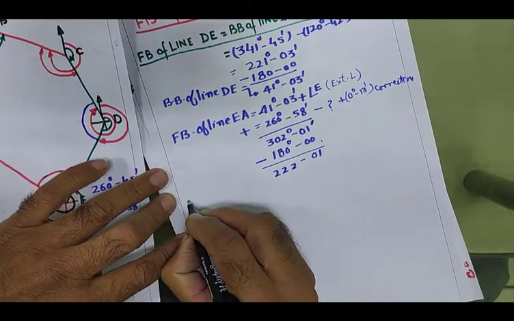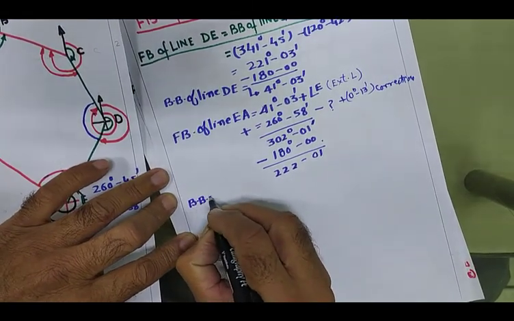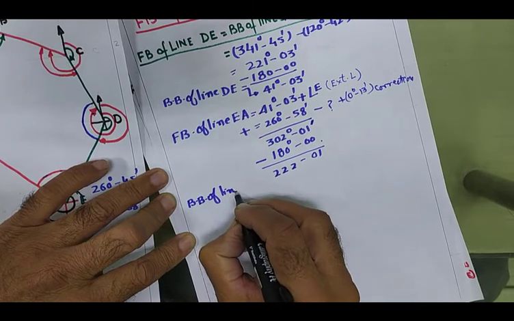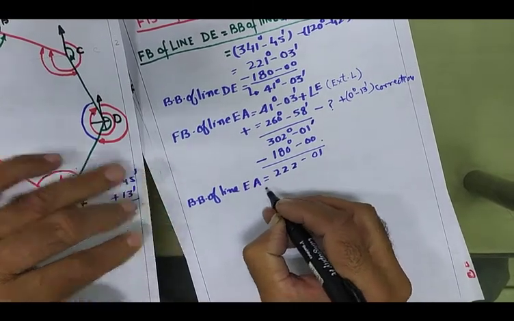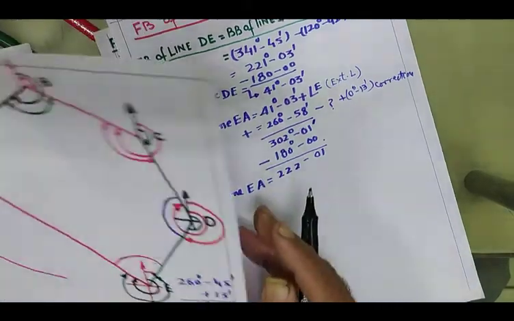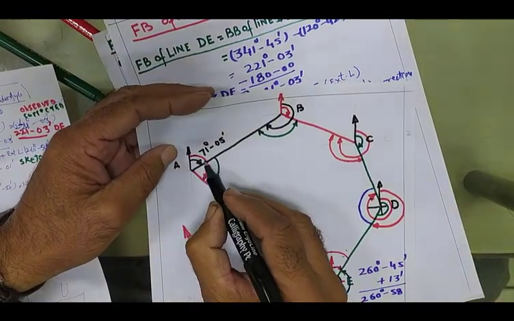This will be the back bearing of line EA. Okay, this is continuous. This is the corrected back bearing of the line.